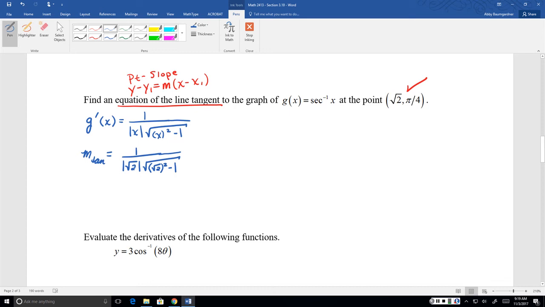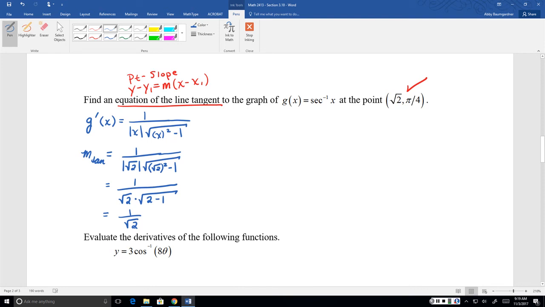The square root of 2 returns a positive value, so the absolute values here are not needed. Square root and a square, inverses of each other, right? So we're just going to get 2 minus 1. 2 minus 1 is 1. Square root of 1 is 1. So we end up with 1 over the square root of 2.